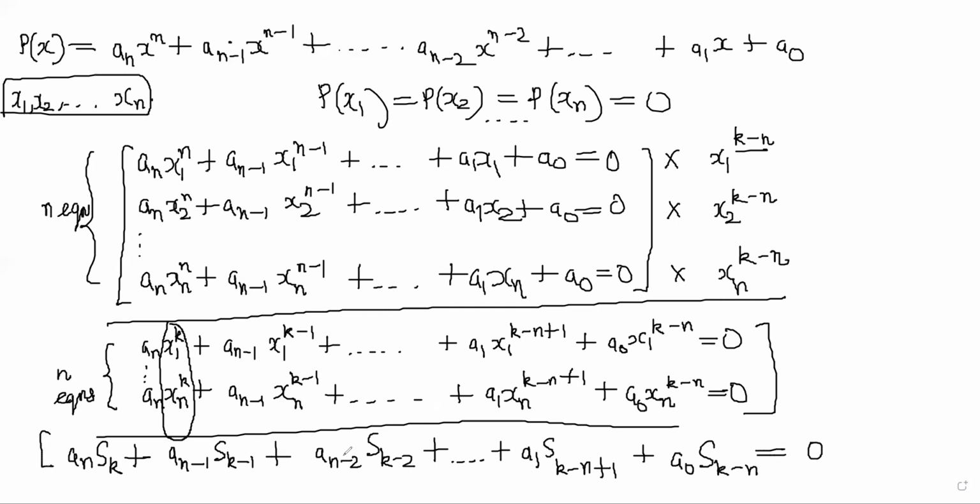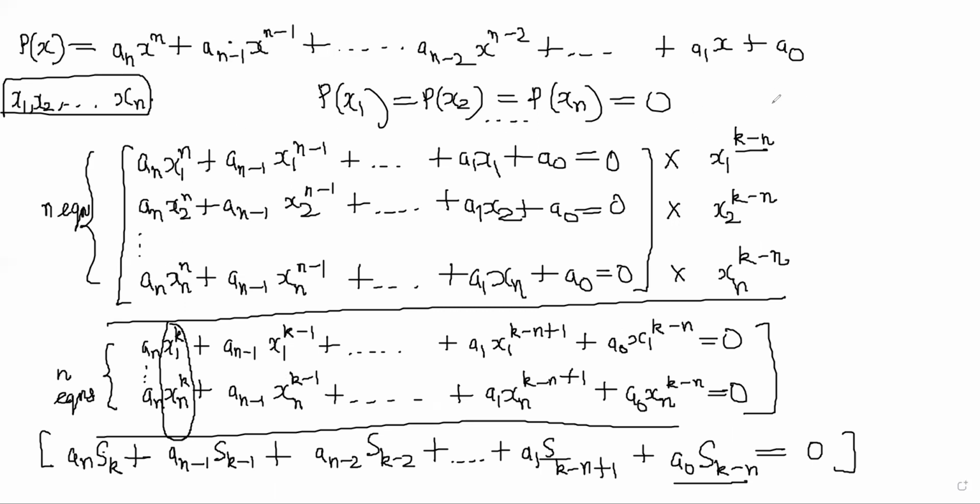So this is another way to write your Newton's identities. For any equation and any power, you are getting an sk plus an minus 1 sk minus 1 plus an minus 2 sk minus 2 and so on till a0 sk minus n, right? That is why we got that relation earlier.